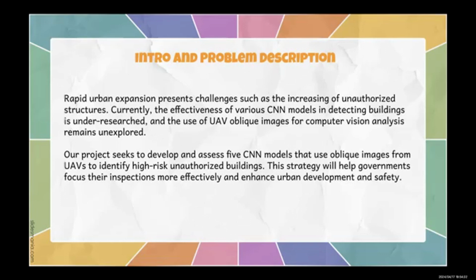Our project seeks to develop and assess 5 CNN models that use oblique images from UAVs to identify high-risk unauthorized buildings. The strategy will help governments focus their inspection more efficiently and enhance urban development and safety.